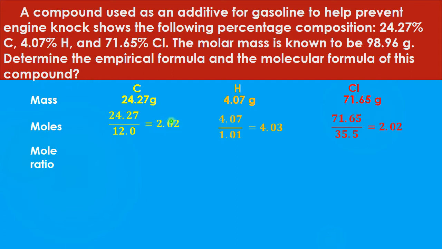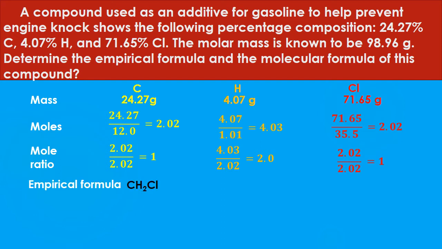We calculated 2.02, 4.03, and 2.02. So 2.02 is the smallest number of moles. So we divide the number of moles we calculated for each element by 2.02. So we get 1 for carbon, 2.0 for hydrogen, and 1 for chlorine. So that means our empirical formula is CH2Cl.